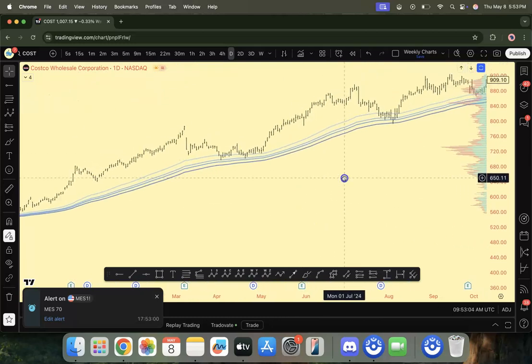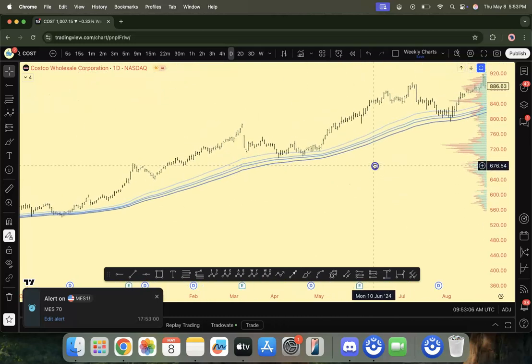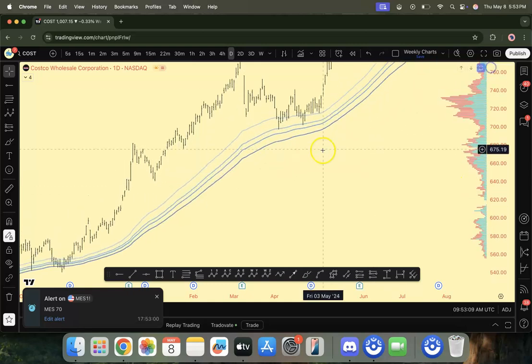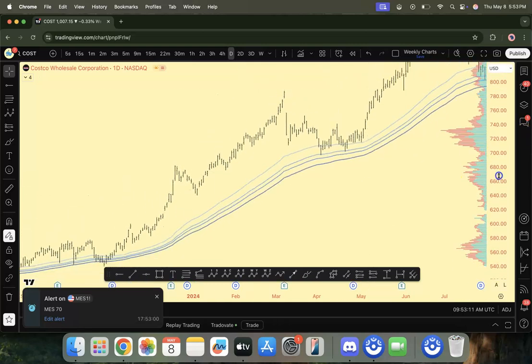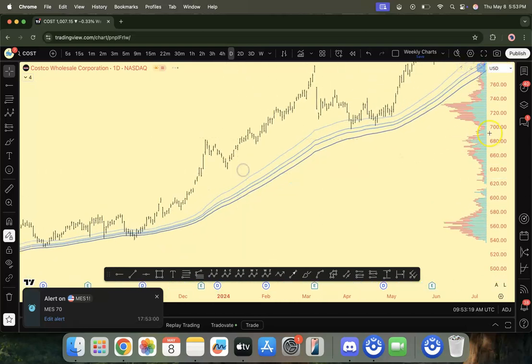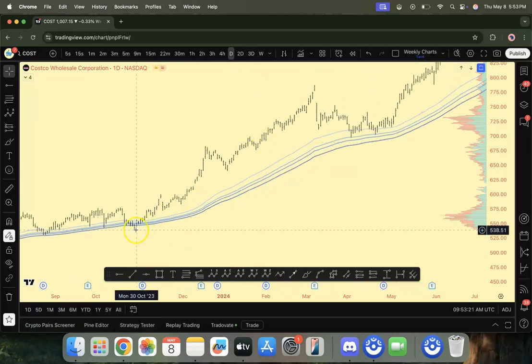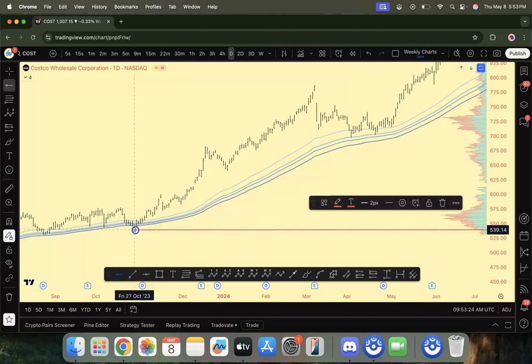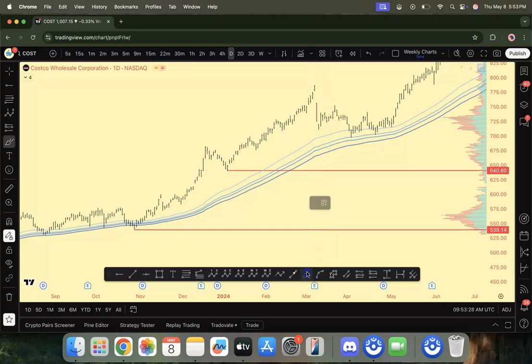And let's go, for instance, to Costco. So for Costco, you essentially want to see where the last main pivot point was. Okay, and you can see there's a few pivot points for this example. There's one down here, and there's one here. So for instance, let's say we're at this one, and now it's retracing down.